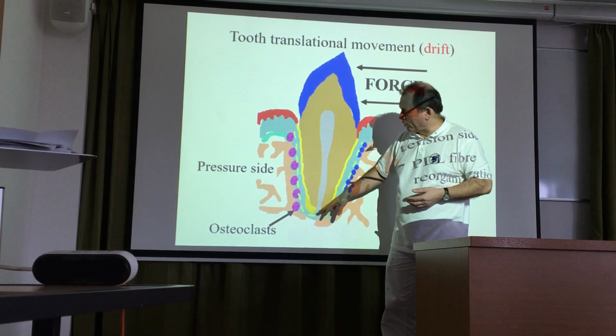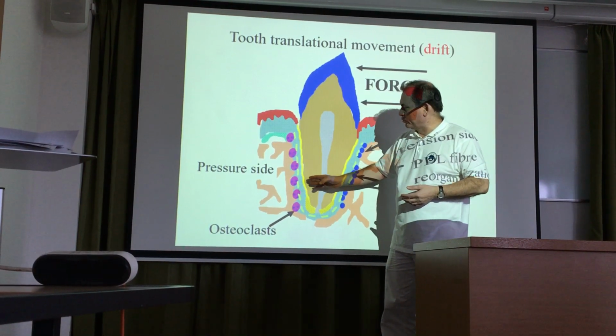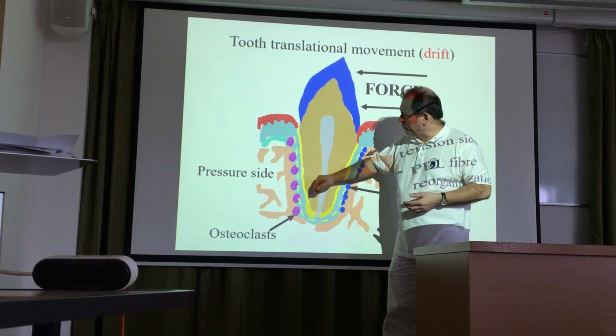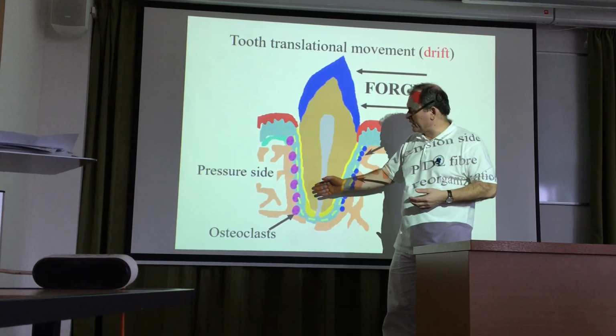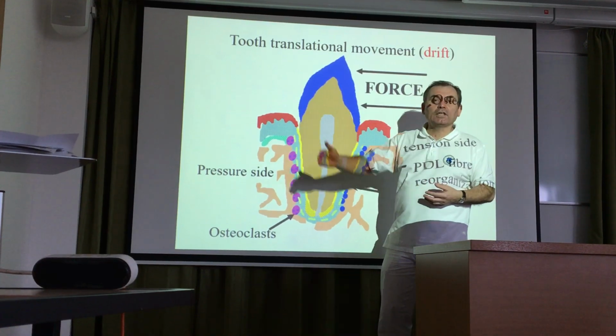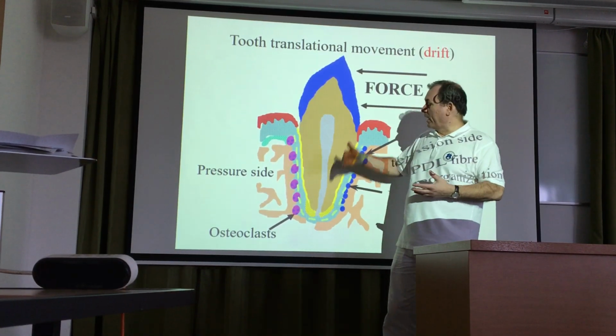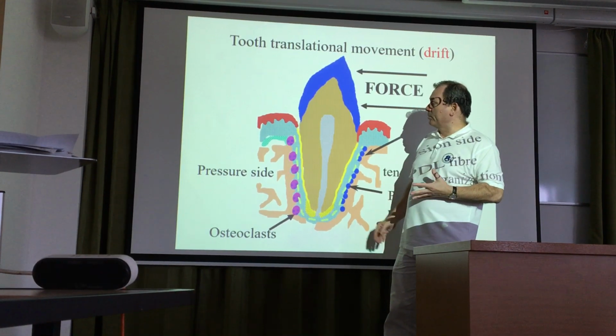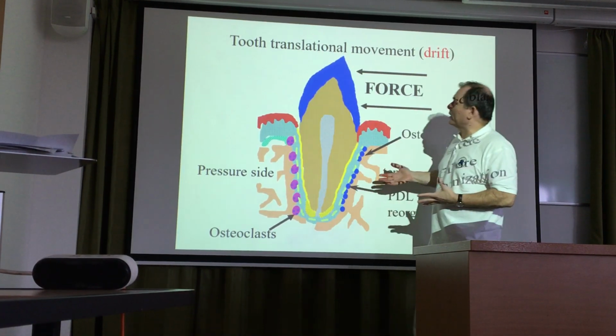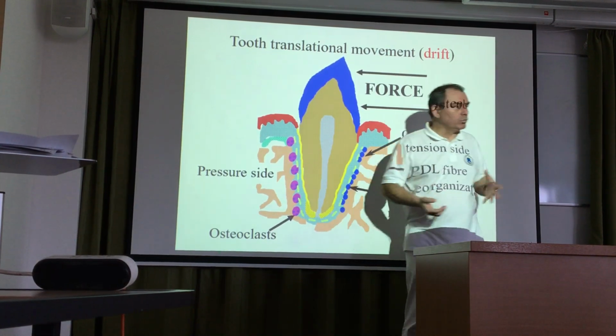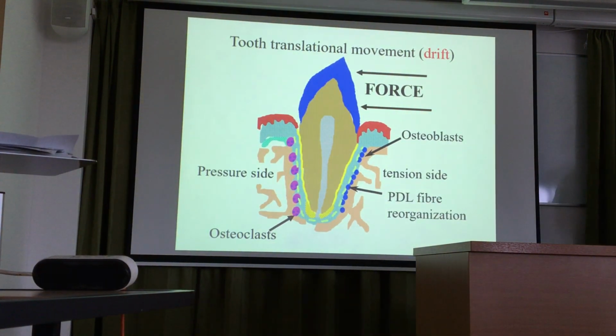But in case of the frontal bone resorption, that side of the lamina dura is removed which is facing the root surface, and the result will be continuous tooth movement, and this is good practice, because during orthodontic treatment, you would like to move the tooth continuously to the wanted area, to the optimal position, from the bad position, because in orthodontic problems we have malposition of the tooth, aesthetic problems, and functional problems.